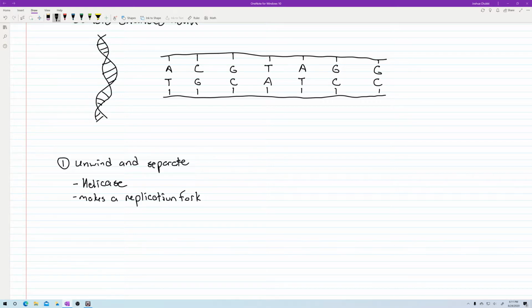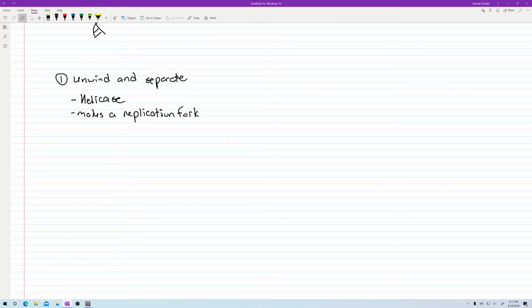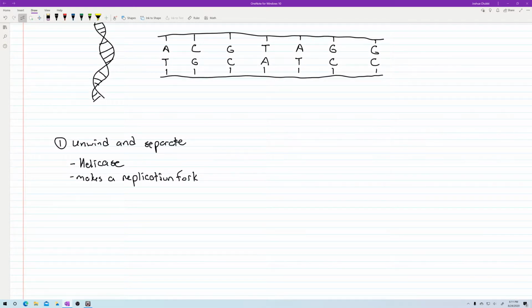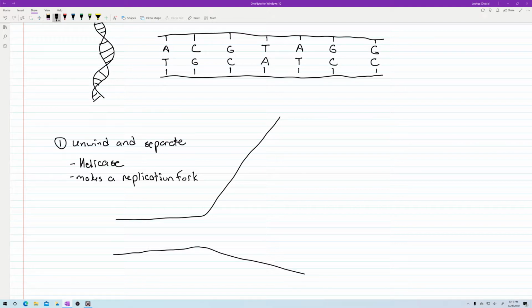Okay, so if we take a look at that, then basically I want to keep the same things. So we've got the DNA here, and then it forks up. Okay, so we've got A, C, G, T, A, G, G on that side, and then T, G, C, A, T, C, C on this side.